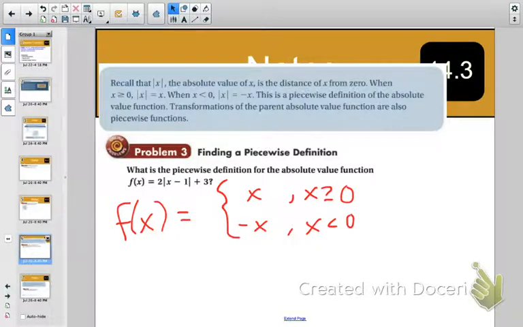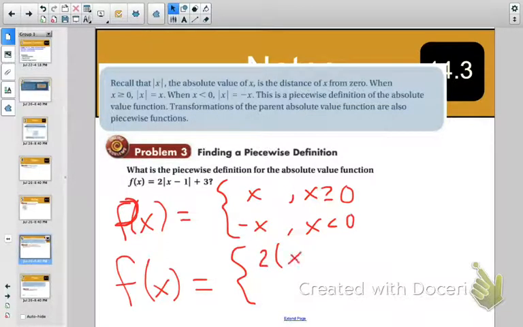So for your new function, we'll call this one p of x, for parent function. So f of x, your new function, we are going to move everything right 1 and up 3. So we're going to do the same thing to this. It's going to be 2, because you're going to stretch it by 2. You're going to go right 1 and up 3.